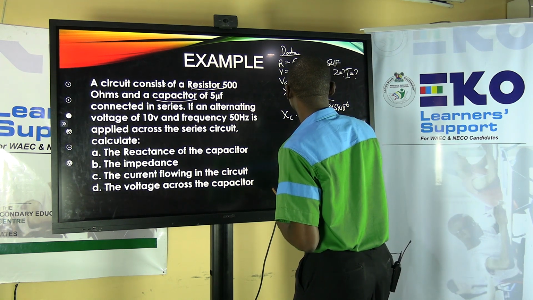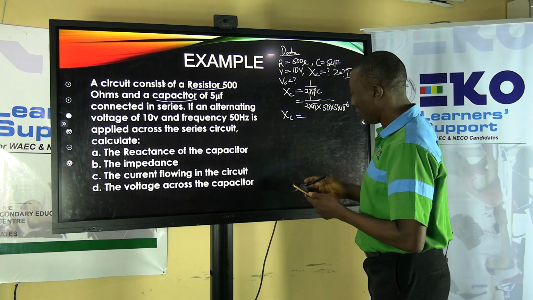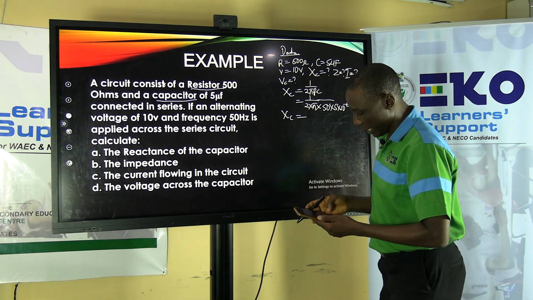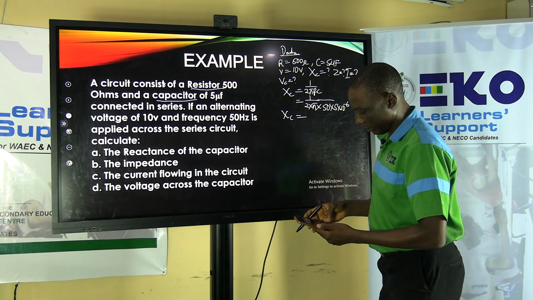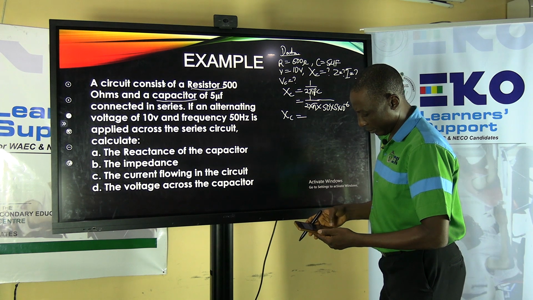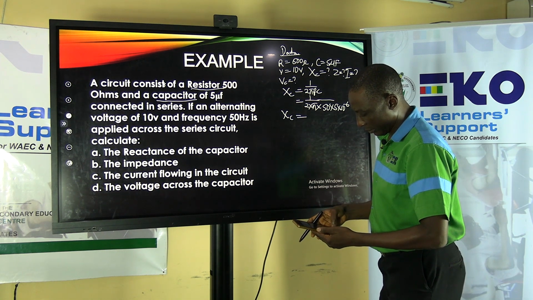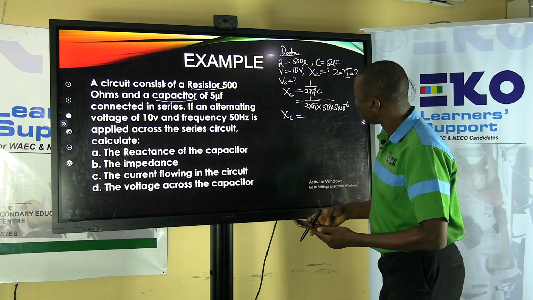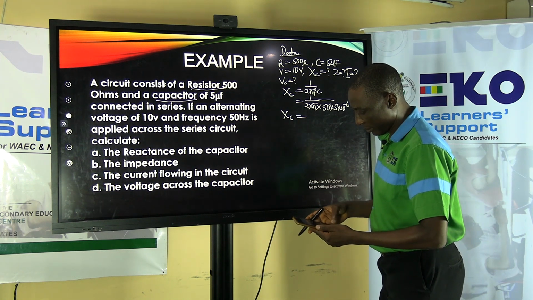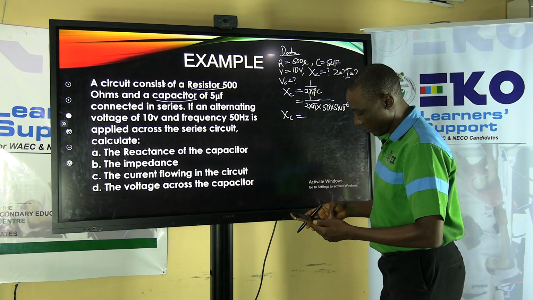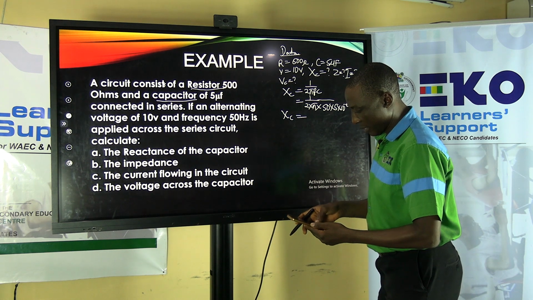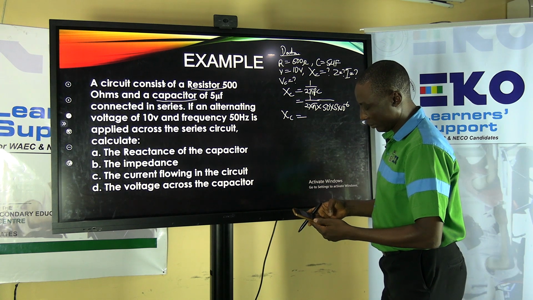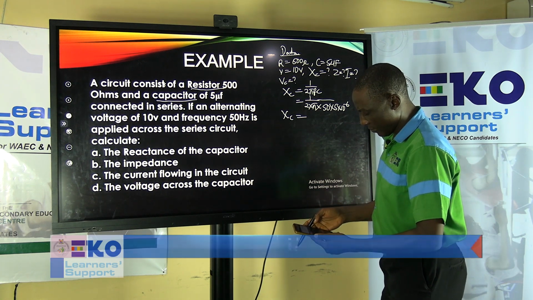So X of C equals, let's work out 2 times pi times 50 times 5 times 10 to the power minus 6.